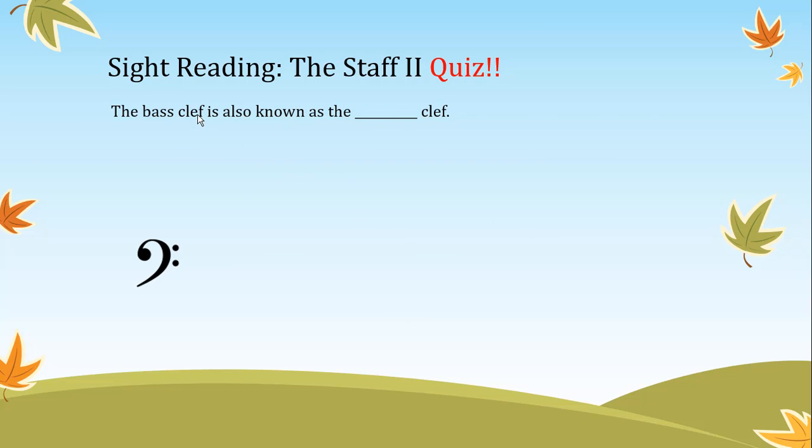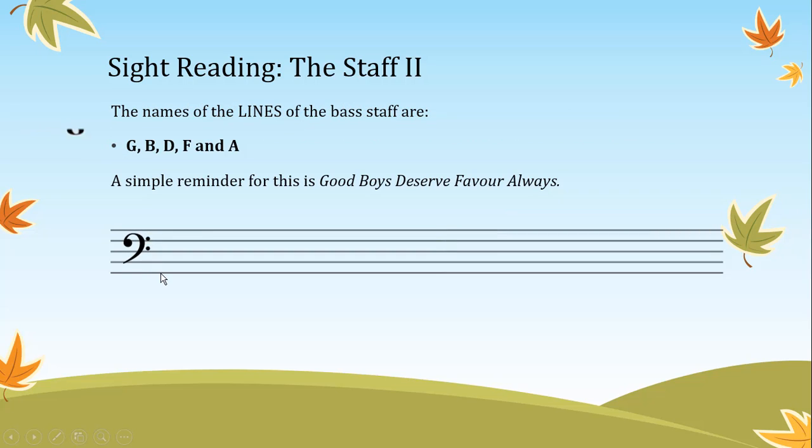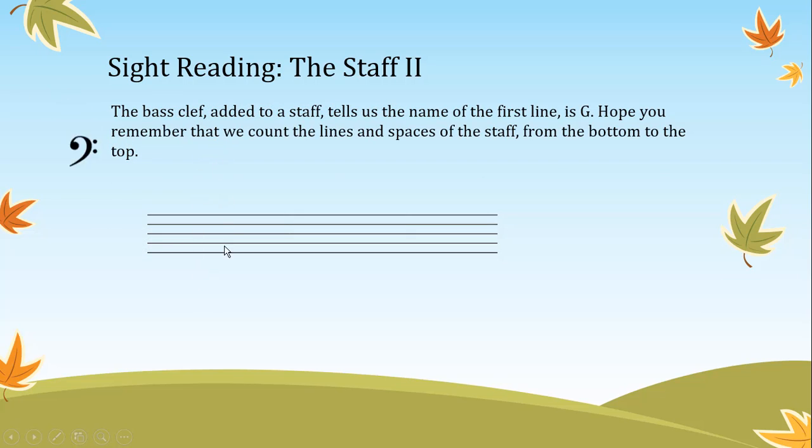The bass clef is also known as the F clef. So these are things that we know already. Now, again, we have this staff without any name, but immediately we bring in the bass clef.